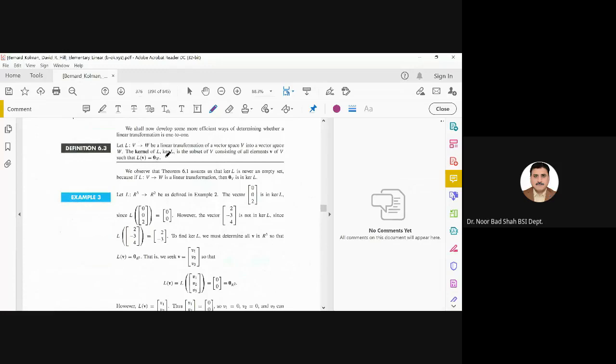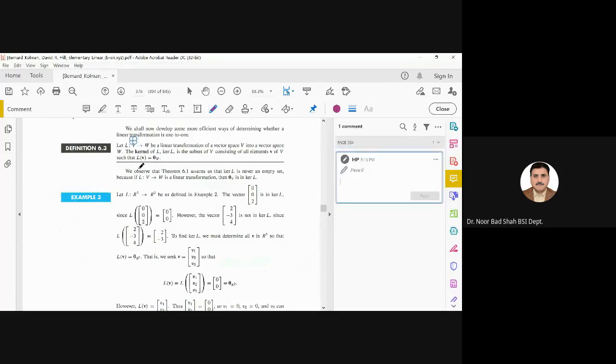Next, we talk about the kernel of a transformation. The kernel of a transformation contains those elements of V for which L of V is 0. The kernel of L, denoted by ker L, contains those elements V belonging to V such that L of V is equal to 0.